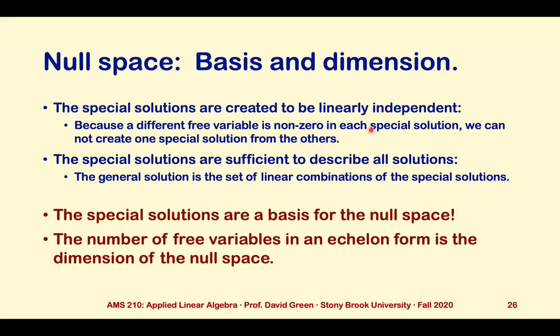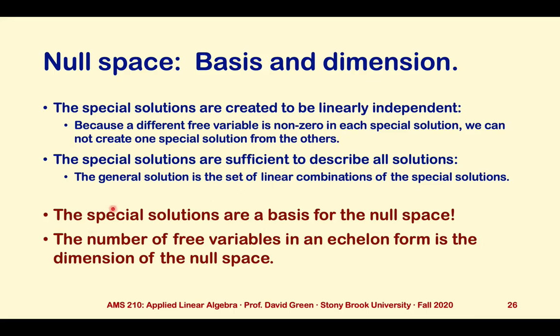solutions. The special solutions are also sufficient to describe all of the solutions. The general solution is the set of all linear combinations of the special solutions. Well, if we have a linearly independent spanning set, a linearly independent set that is sufficient to describe the space, that is exactly what we mean by a basis.